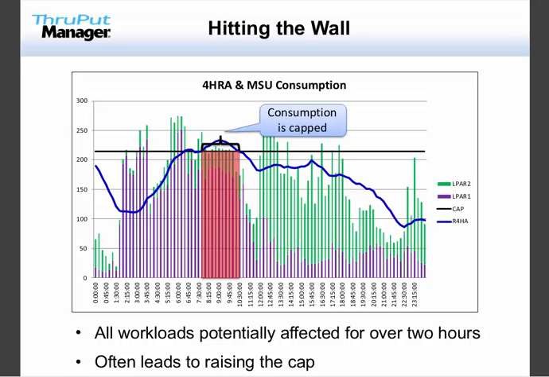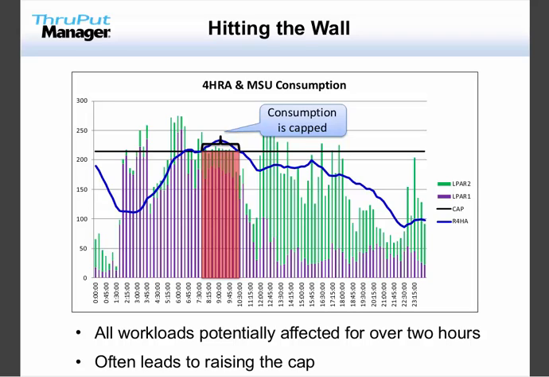As you can see, the consumption of those LPARs can freely exceed the soft cap limit. That's the dark black line going straight across, until the 4-hour rolling average exceeds that limit. When that occurs, then the consumption is capped. And the consumption is capped until the 4-hour rolling average comes back down again.